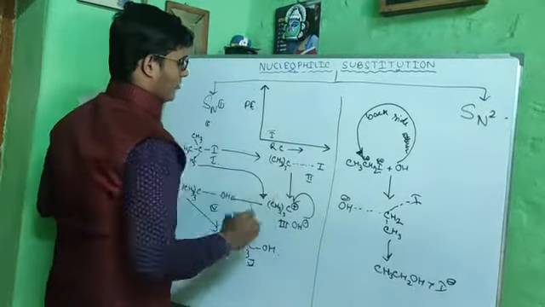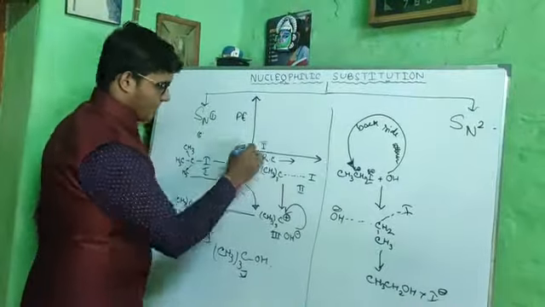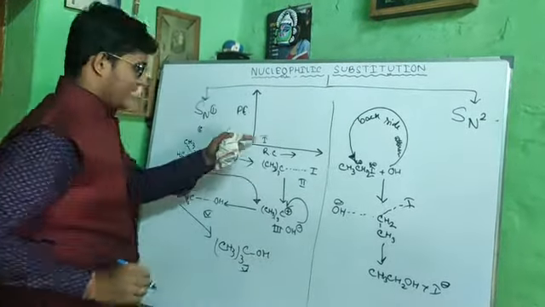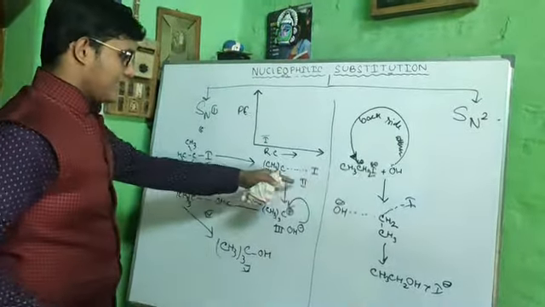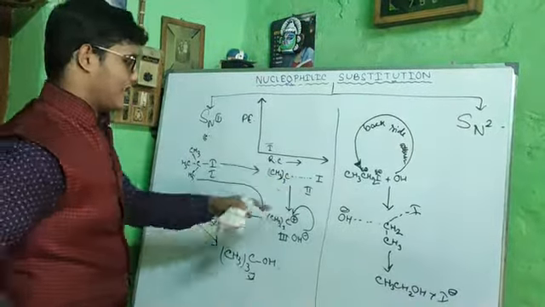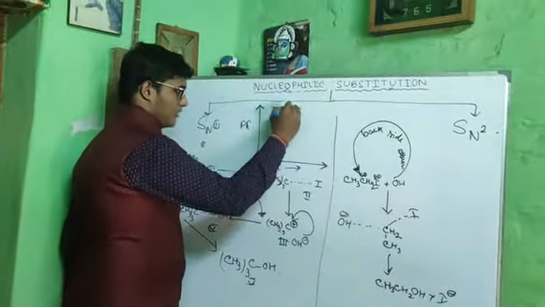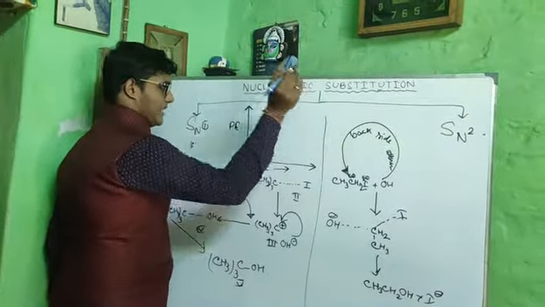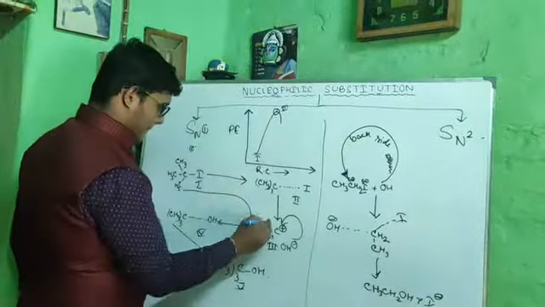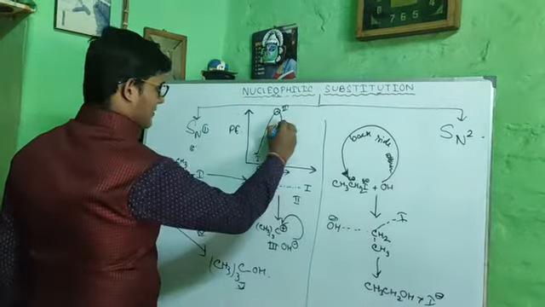I am writing in short forms as there is no space. So this is the reactant here. This is the intermediate, a very unstable intermediate, and this is the peak of the graph. It will be situated here, and the 3 will be here.